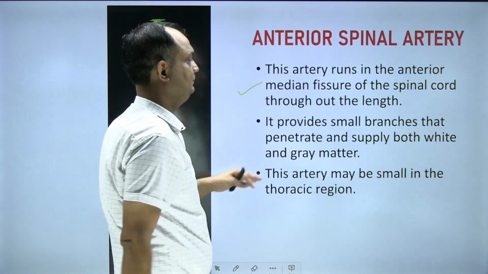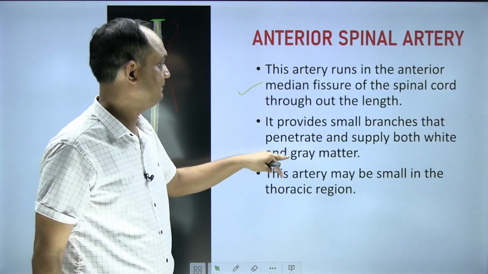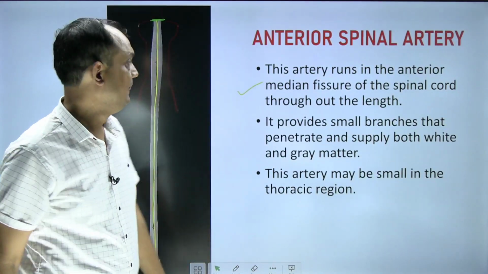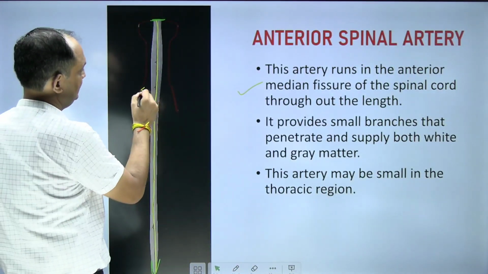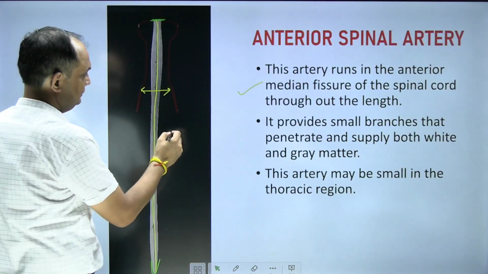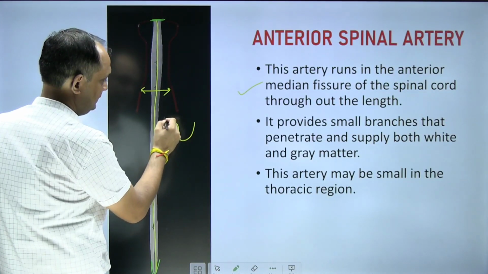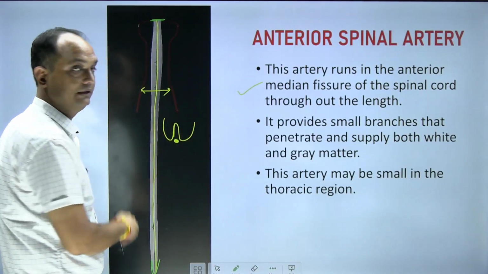The second thing is that it provides small branches, and these branches penetrate and supply both white and gray matter. Now, what is the meaning? If I take a section of the spinal cord here, you know that this is your fissure. This fissure contains the anterior spinal artery.